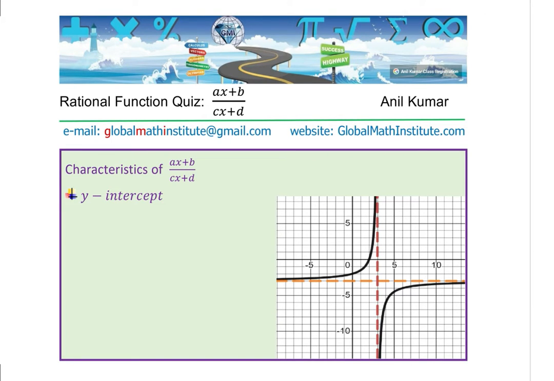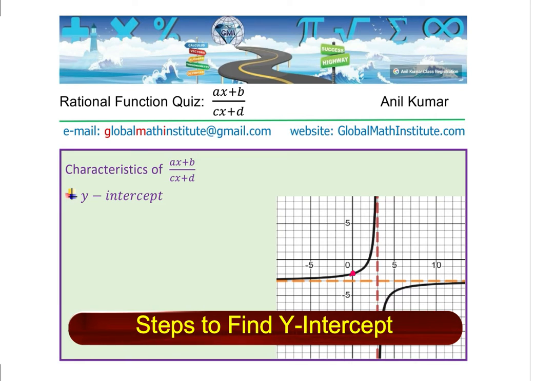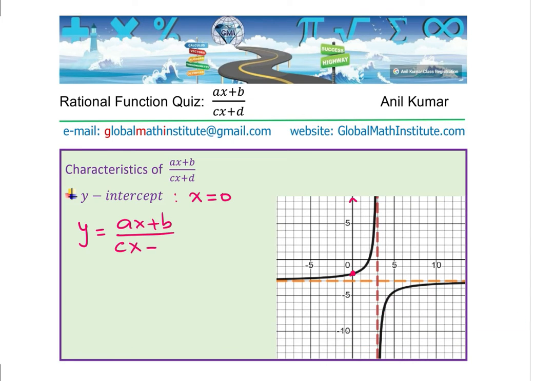Now let's go for y-intercept. So when I say y-intercept, that is to say, where will the graph cross the y-axis, right? That is the y-axis. So in that case, x value is 0. Equating x to 0 in the equation y equals ax plus b over cx plus d gives us the y-intercept.